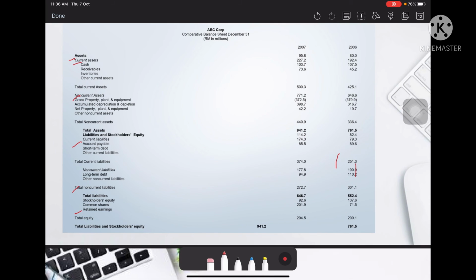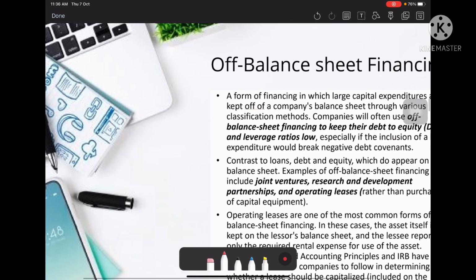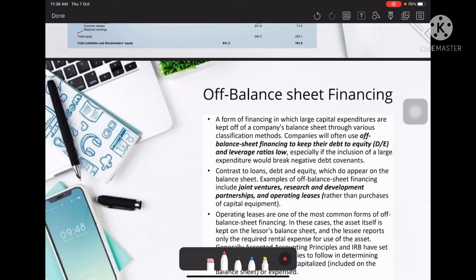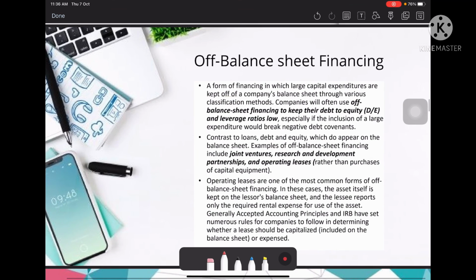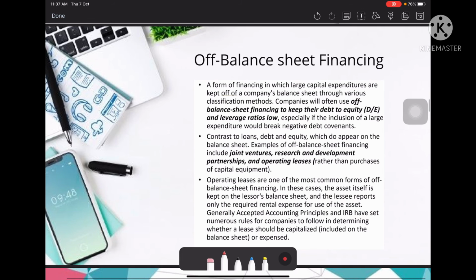And then next, the last item of the statement of financial position, off balance sheet financing. Nama dia pun off. Maksudnya dia tak ada dalam balance sheet but only appears in the disclosure saja. Dia ada dalam disclosure.